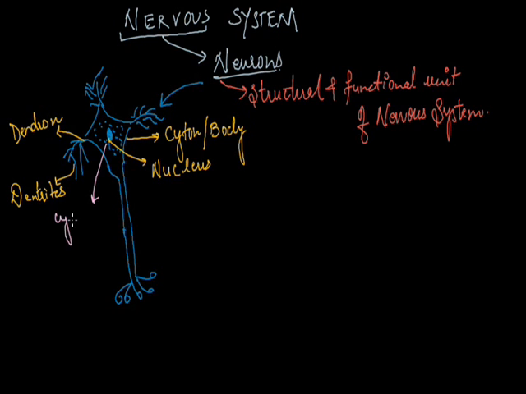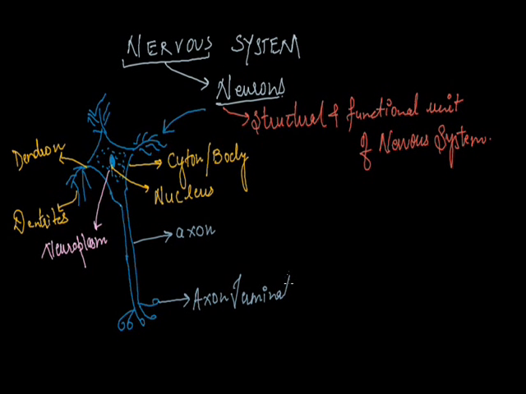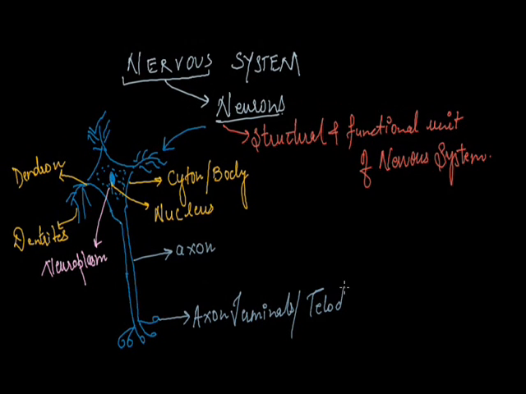The cytoplasm of neuron is called neuroplasm, and this elongated structure is called as axon, and the terminal branches are called as axon terminals, also called as dendroids.